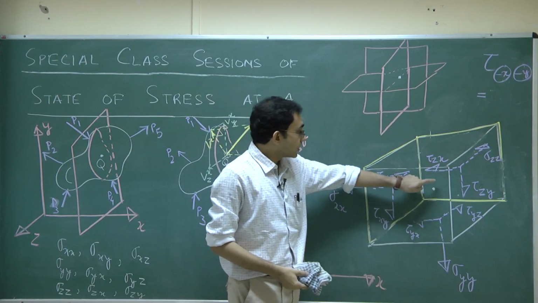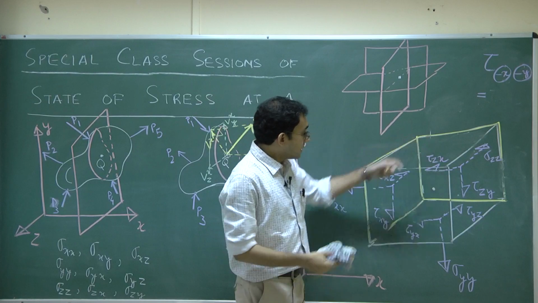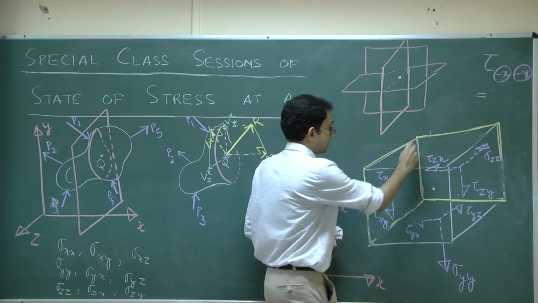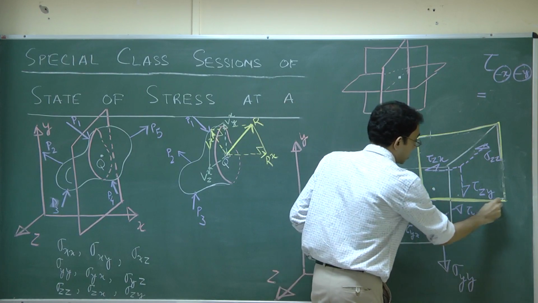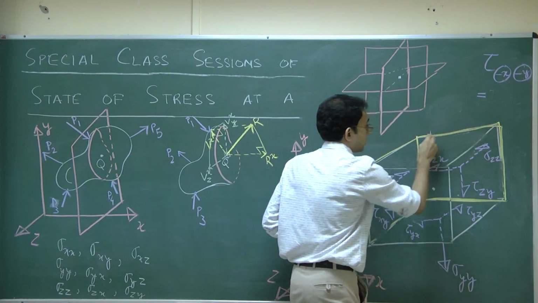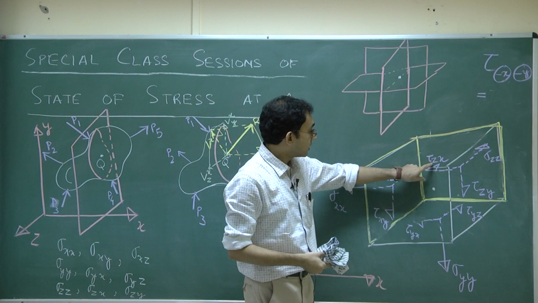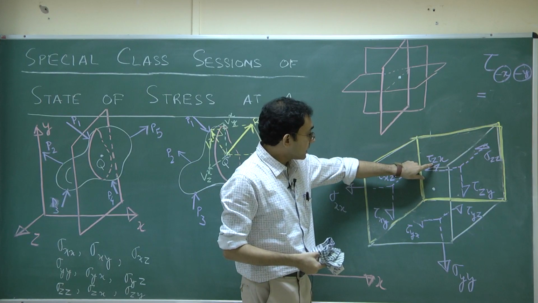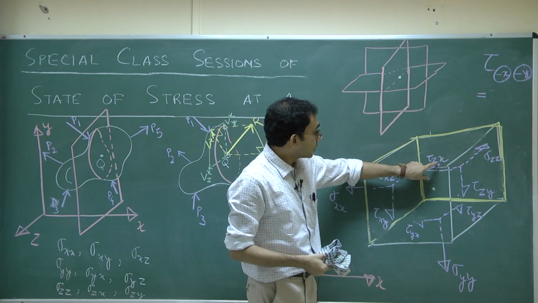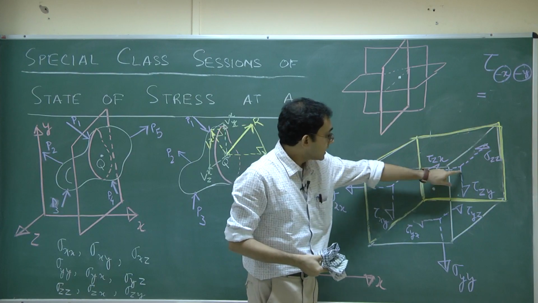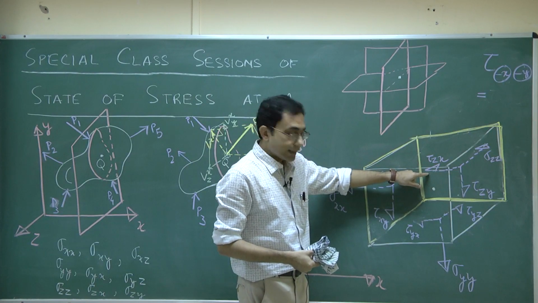Again, you note that for this yellow colored surface, the outward normal is along the negative z direction, which means we have a minus z here, and together we have a minus x here. So, this direction is along the negative x direction.